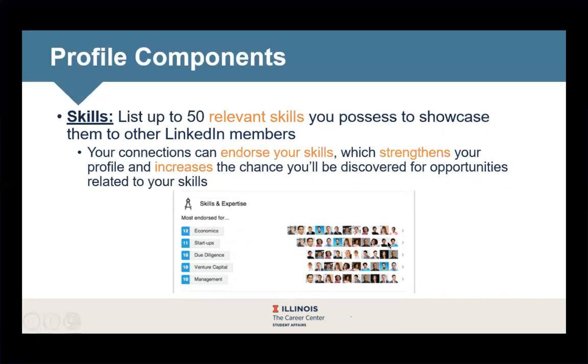You can see all the connections that endorse that person for their skills. It's just another way to show employers the skills that you possess. And then it's almost like your connections are agreeing that you possess those skills.